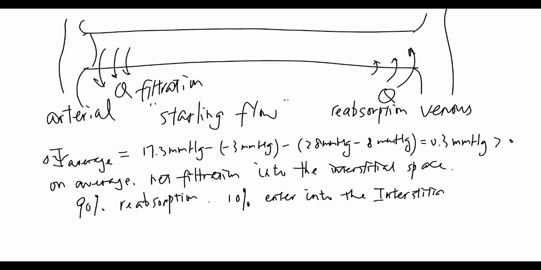Then what happens to the 10%? They cannot keep on accumulating in the interstitial space. If you keep on having this accumulation, then you would expect edema. But that doesn't happen under physiological conditions.